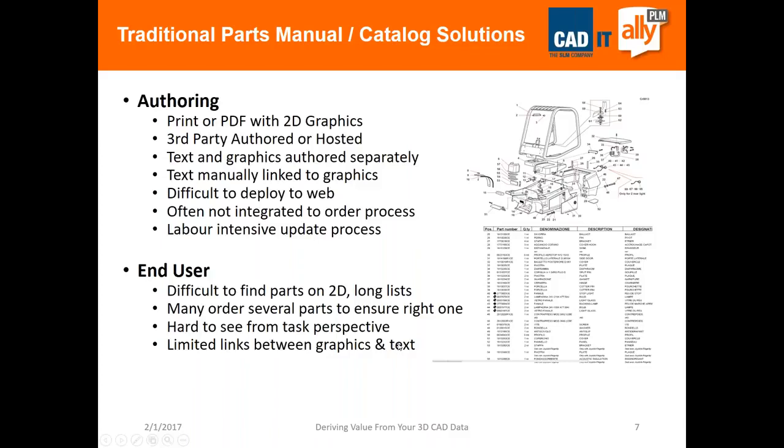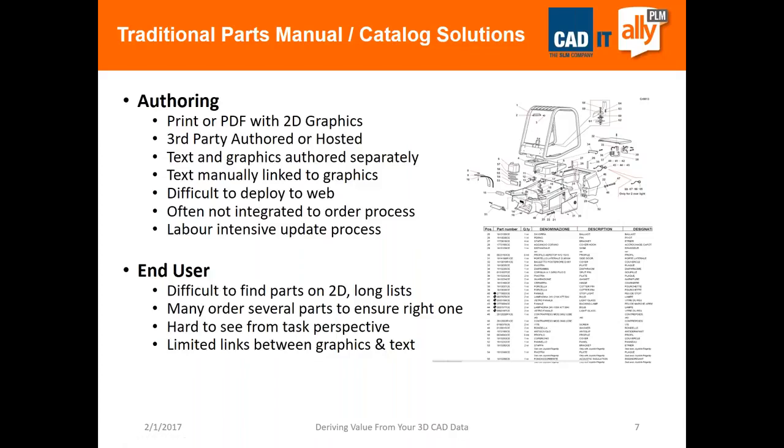There's limited links between graphics and text, depending on which levels of PDF and everything else you're using. It's tough to deploy these things to the web. You can put the PDFs up there, but it's not taking advantage of some of the tools that are out there. Opening up on a mobile device can mean it's a very, very small image to look at. So there's some challenges there.